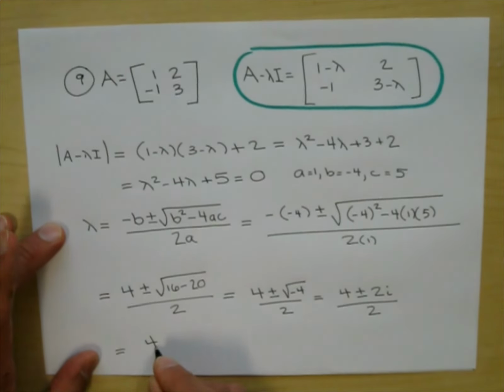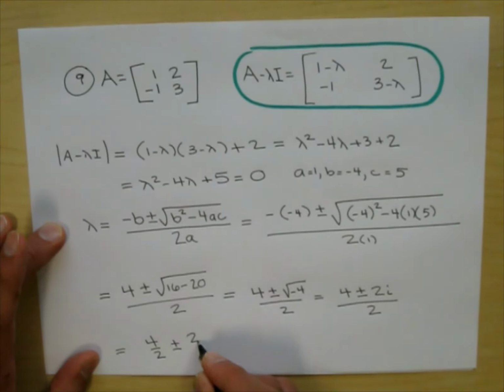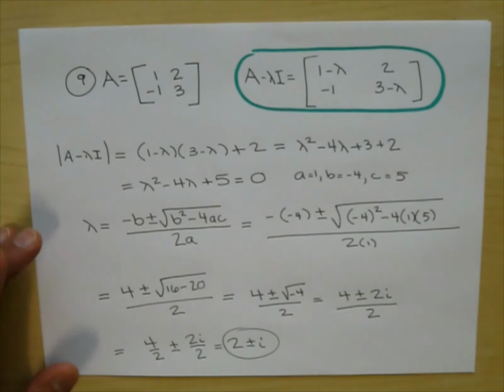So this is 4 over 2, I'm splitting the fraction, plus or minus 2i over 2. This is 2 plus or minus i. Whew. Those are your eigenvalues, and they are imaginary numbers.